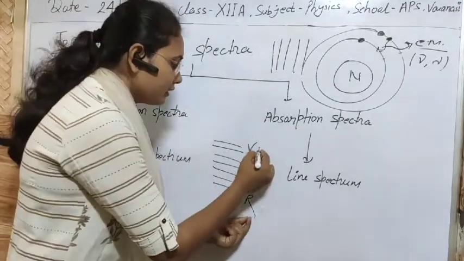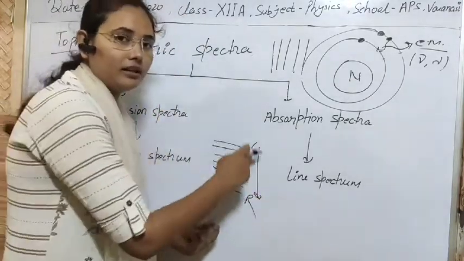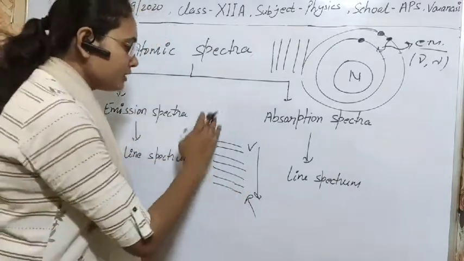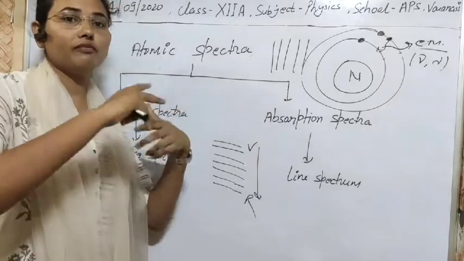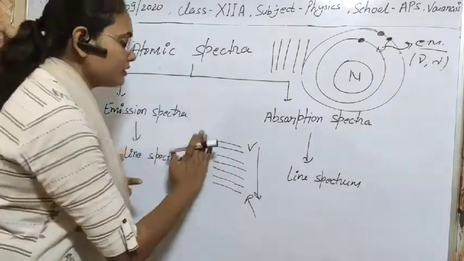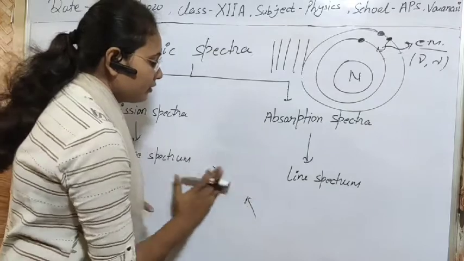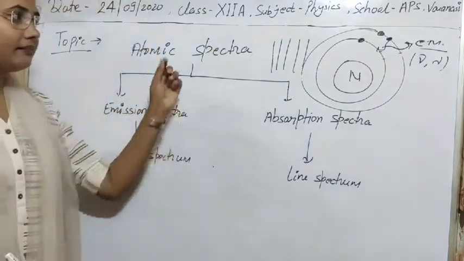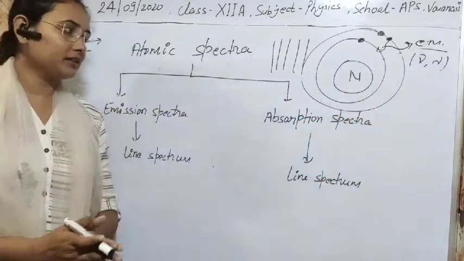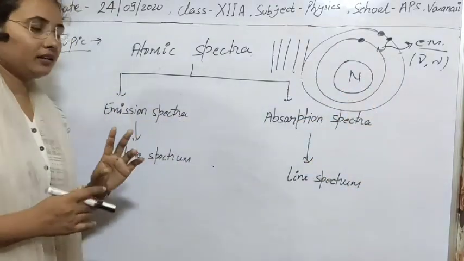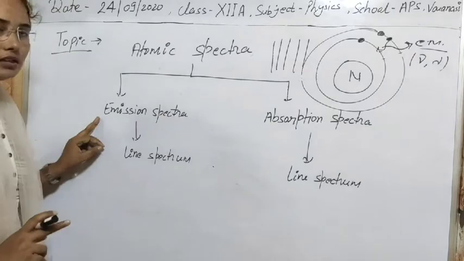So this is the decreasing order of frequency or increasing order of wavelength. This is called the spectrum, and if we get this spectrum from the emission of light, then it is called emission spectra.